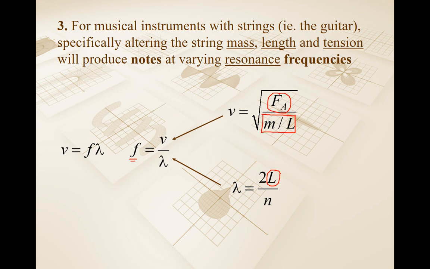So your hand on the guitar is intentionally changing the length of the string to give you different notes. For a piano, those strings are already cut to specific lengths. So once that hammer hits the string at a different length, it's set up to produce those different resonance frequencies. So I'd say there are two big ways that you can get the different resonance frequencies of the different musical notes: one, look at strings with different mass densities, and two, alter the length of the string.